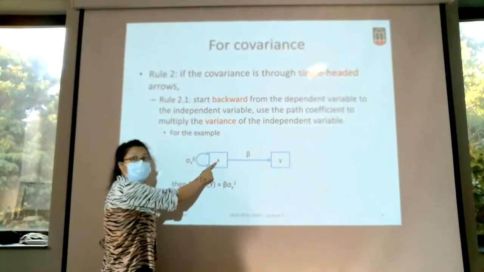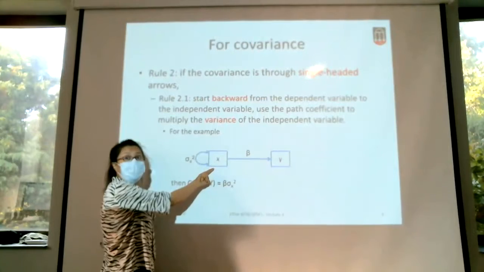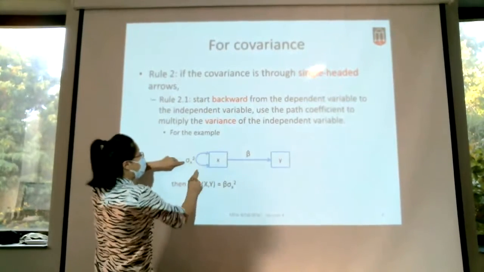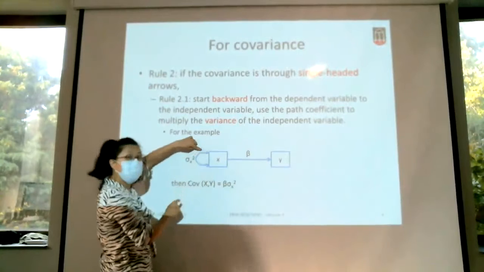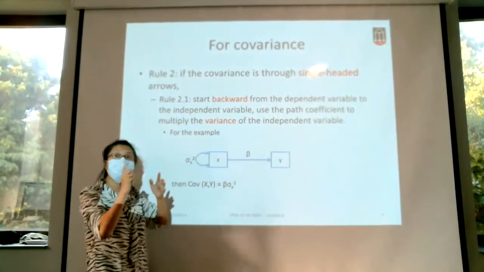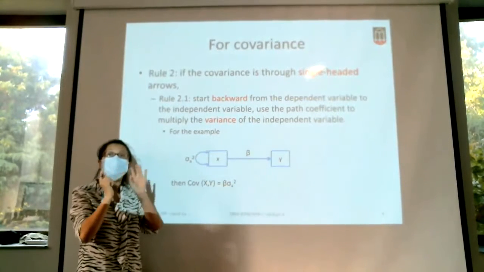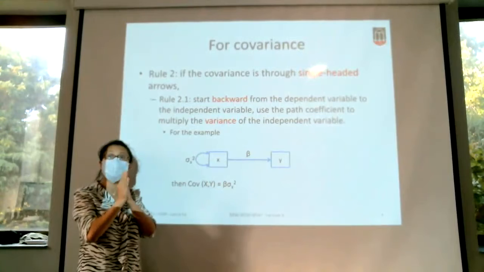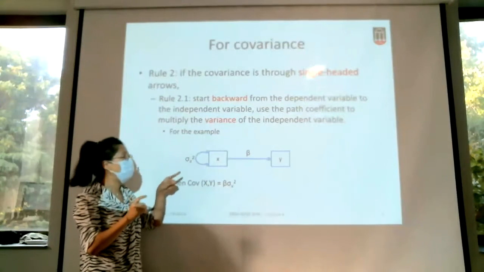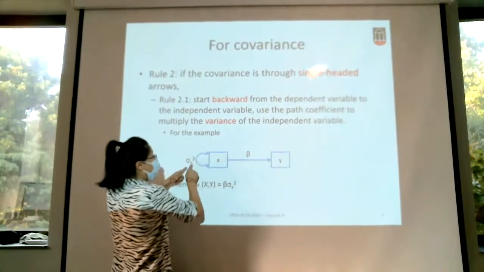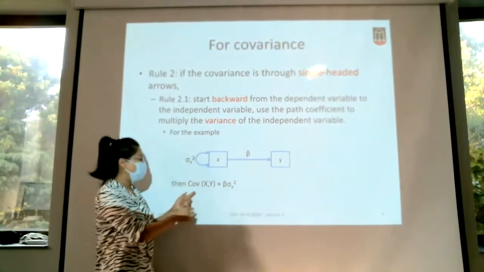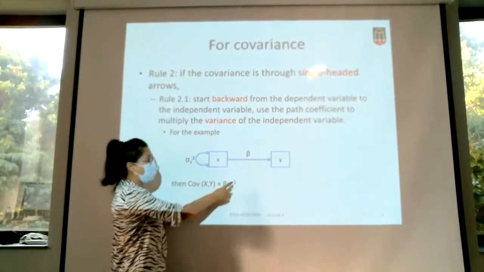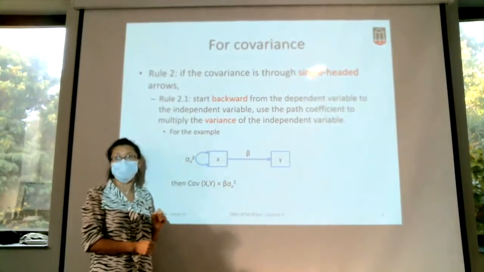Stop here. That's not the end of the story. You have to multiply by the variance of x. This is one double-headed arrow. You have used the one double-headed arrow, then that's it. Maximum one double-headed arrow. Beta times the variance of x, stop. So the covariance between x and y is beta times the variance of x. That's it.